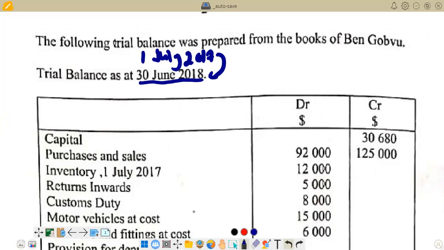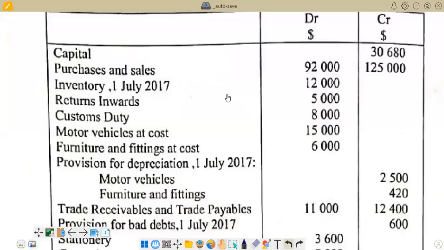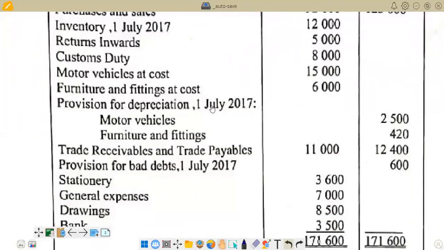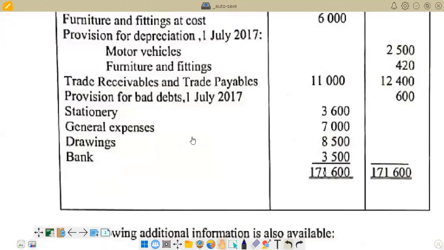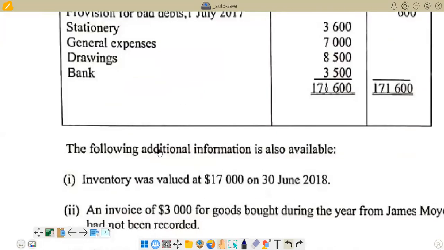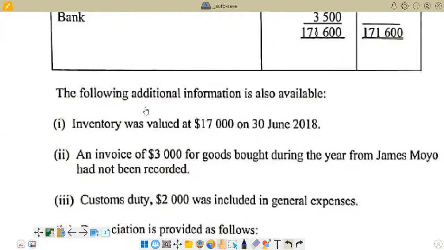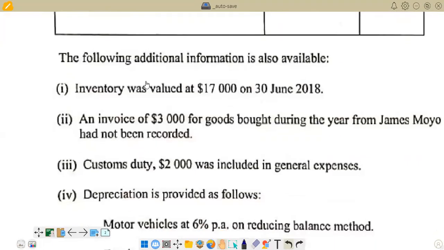And then we go down to check what we have for the additional information. If you go down, you can see that beneath the table you've got some additional information. We need to go through the additional information before you start answering the question, because there are some adjustments in the additional information that need to be done.